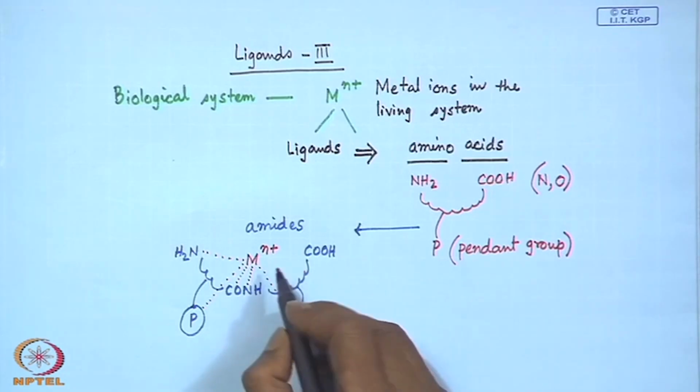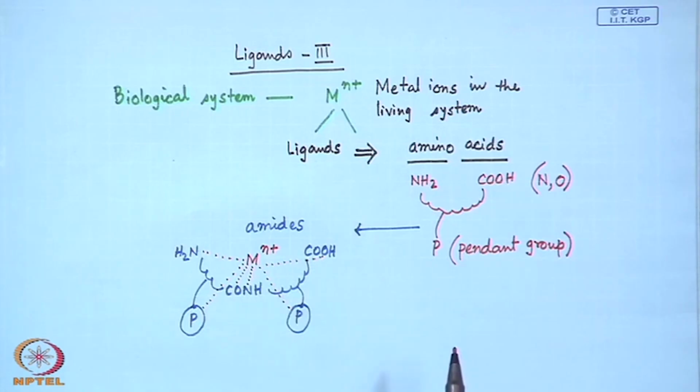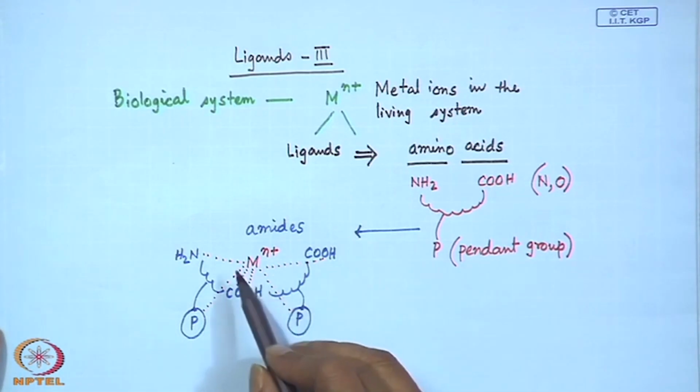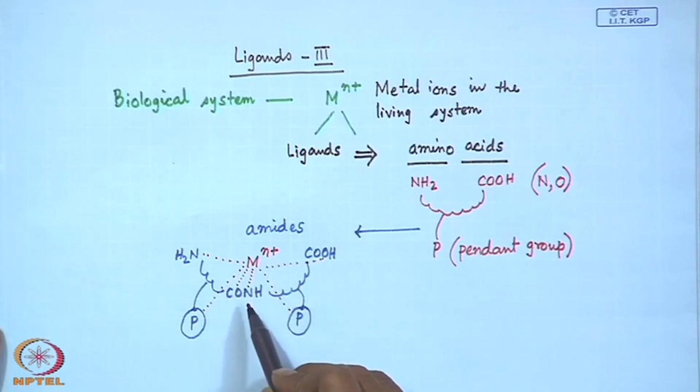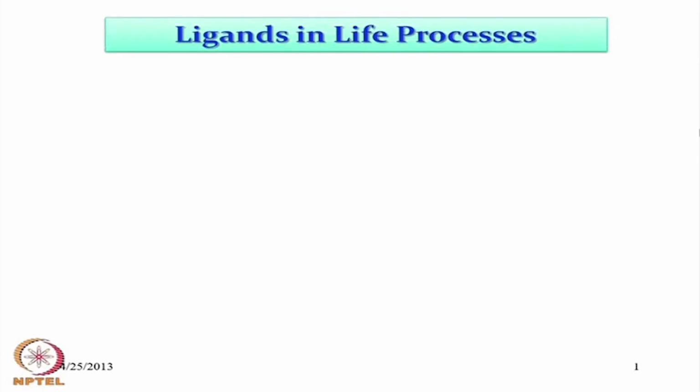Similarly, the other pendant group as well as one of the oxygens of the carboxy end can show some interaction with the metal ion. So, strictly speaking, any biological system containing amino acid or amide or polypeptide can have some potential binding donor groups which can bind the metal ions very nicely. So, we will see what are the different types of ligands we can have in the life processes.